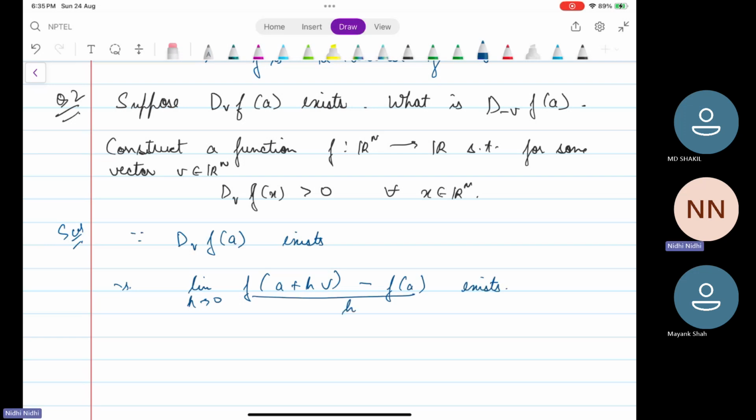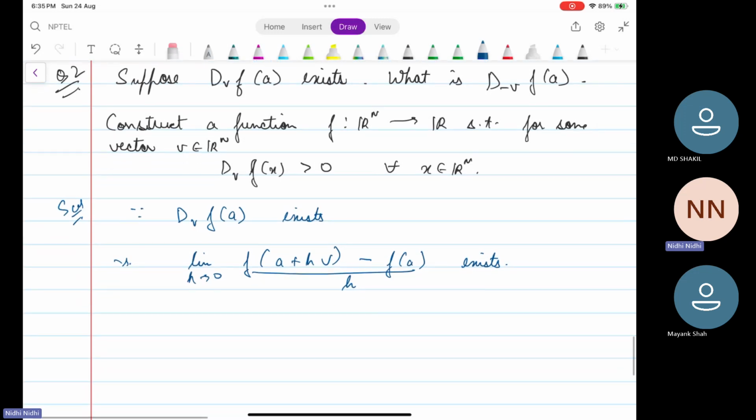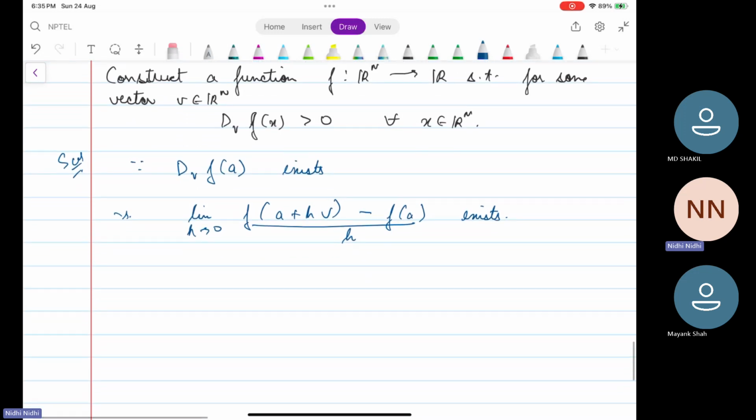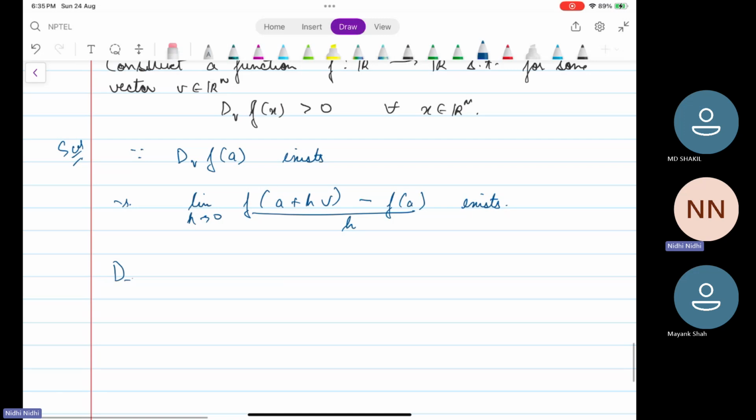Now using this limit, we'll find the directional derivative in the direction of minus v. So now D_{-v} f(a) is nothing but the limit as h tends to 0 of (f(a - hv) - f(a))/h.